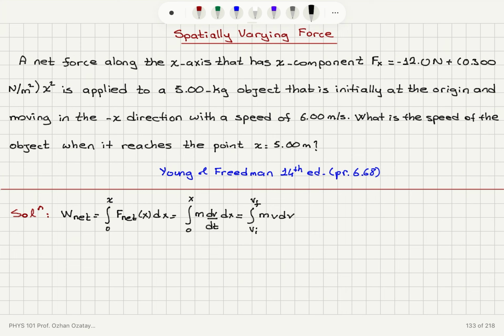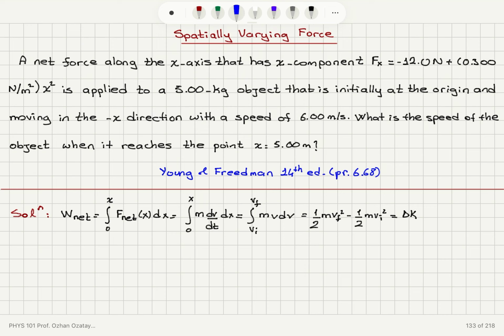This is 1/2 m v final squared minus 1/2 m v initial squared, which is the change in the kinetic energy.